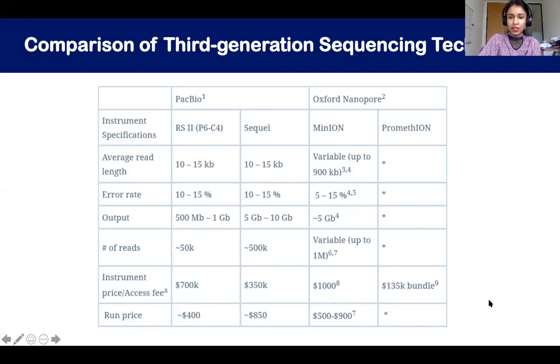So what researchers usually do is to ensure that we get a good balance of accuracy as well as getting a non-fragmented complete genome. Most researchers combine both these technologies, so they do maybe a 50 times coverage of Illumina sequencing and another 30 times coverage of third generation sequencing. So you get a good balance of accuracy and you're able to cover your entire genome.